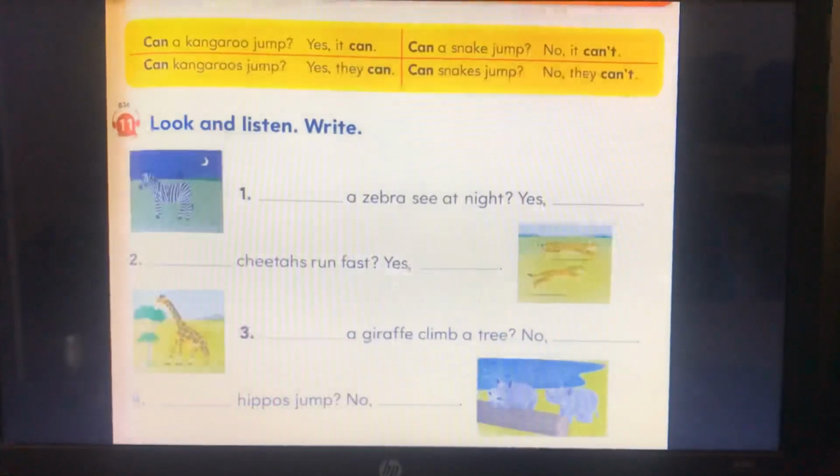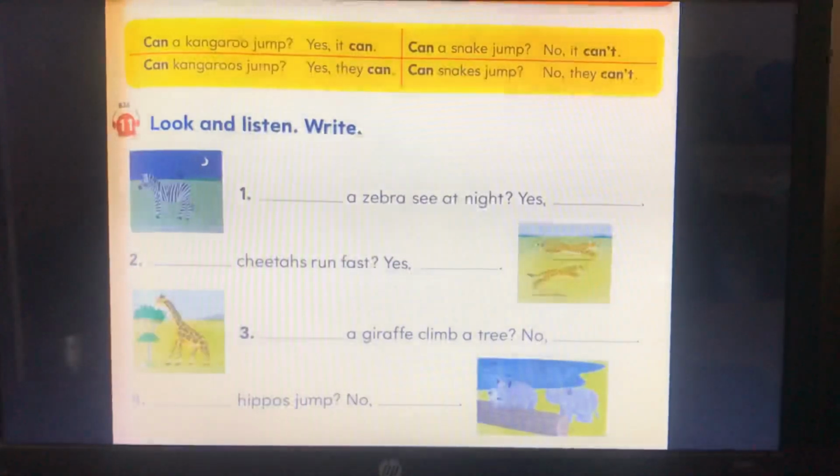But pay close attention because some images show more than one animal. For example, in number 2 and number 4, we have more than one animal. But in number 1 and number 3, we only have one animal. So we need to be very careful about whether it's singular or plural.